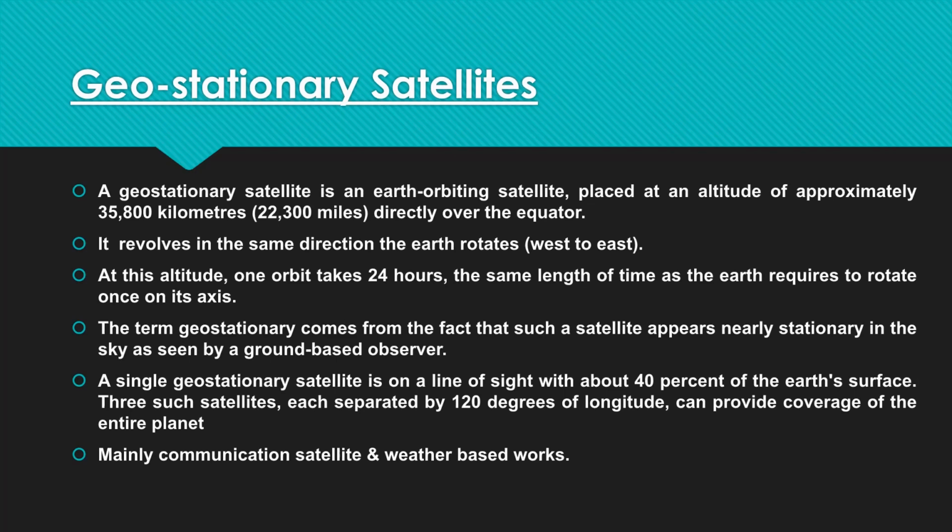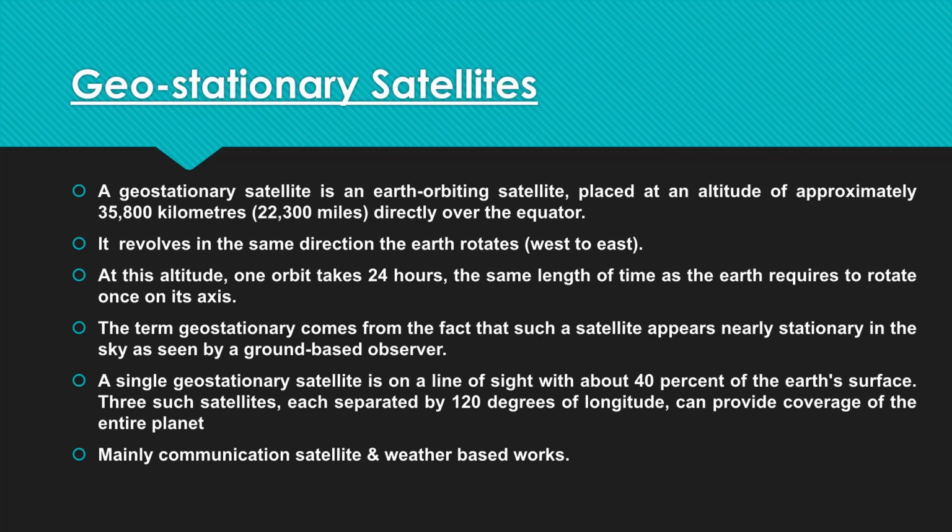First of all, it is very important to know that a geostationary satellite is also an Earth orbiting satellite. It is not stationary, as we have discussed. It is placed at an orbit of approximately 35,800 kilometers directly over the equator.